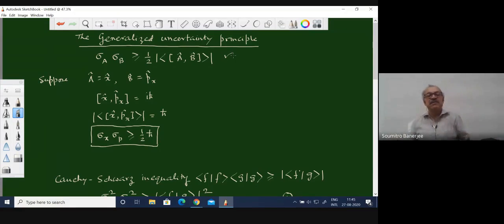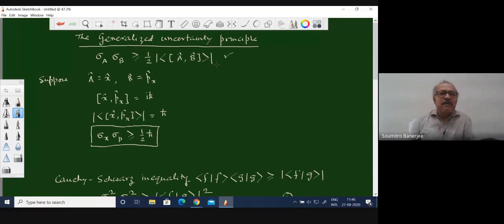Which means that in quantum mechanics you will come across many other pairs of variables which do not commute with each other. That means there will be an expectation value, a modulus of the expectation value, and therefore there will be a number here. For example, you will learn that the angular momentum in the x direction and the angular momentum in the y direction do not commute with each other, and therefore there will be uncertainty between them.